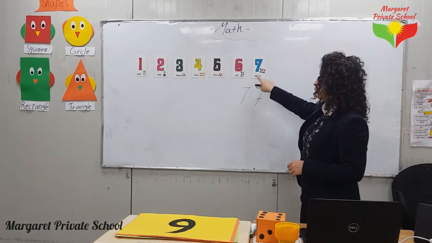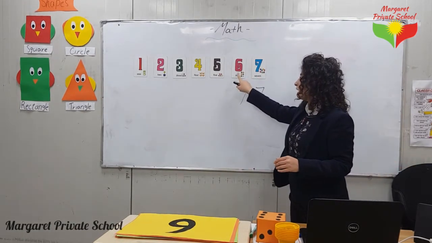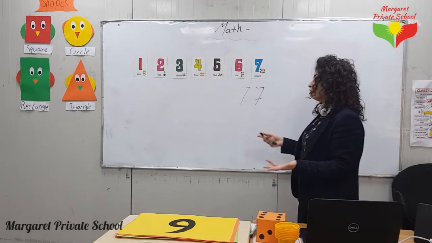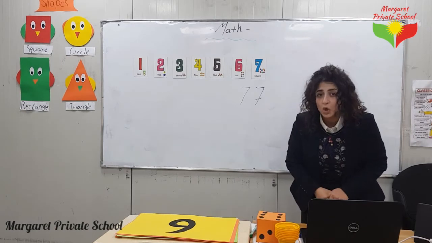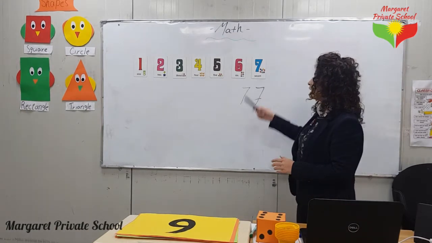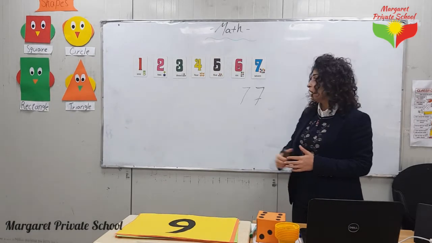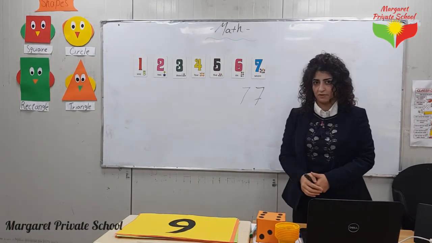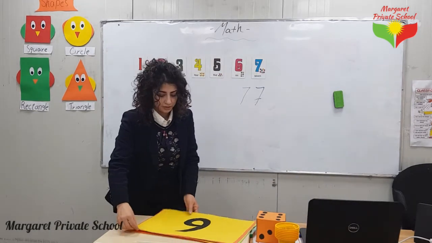Okay? What's this number? This is number 7. After number 6, we have which number? We have number 7. So, from this lesson, we learned how to write number 7, how to count number 7, and how to read number 7.